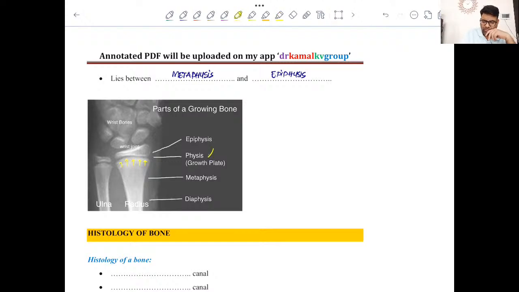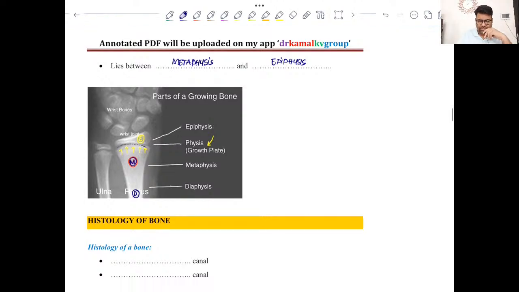Above this is all epiphysis. Below this, the expanded portion is all metaphysis, and in the center we will see diaphysis. So in children we will see the growth plate, but not in adults, right?